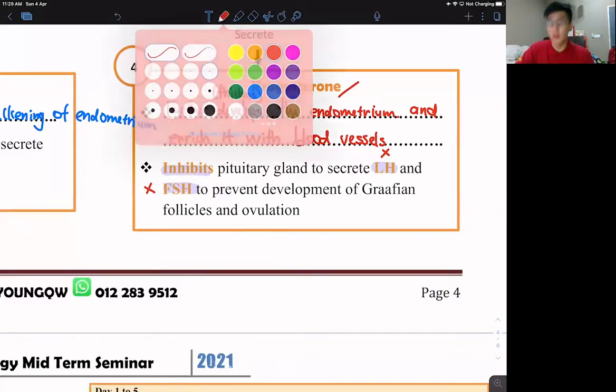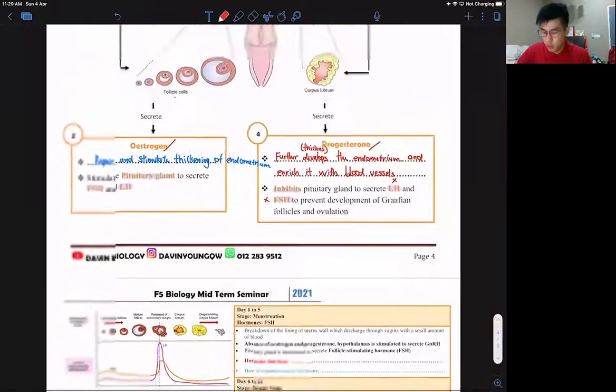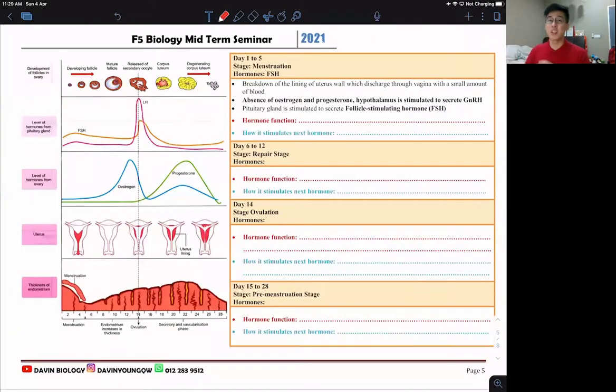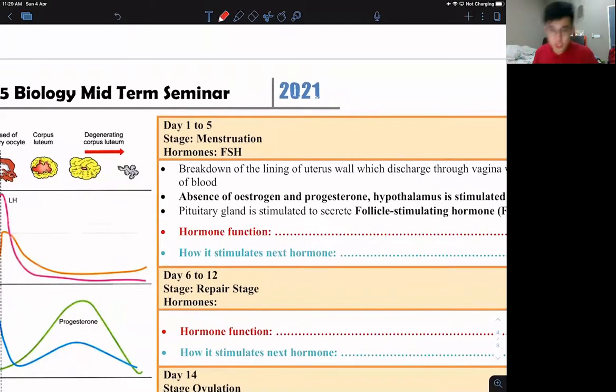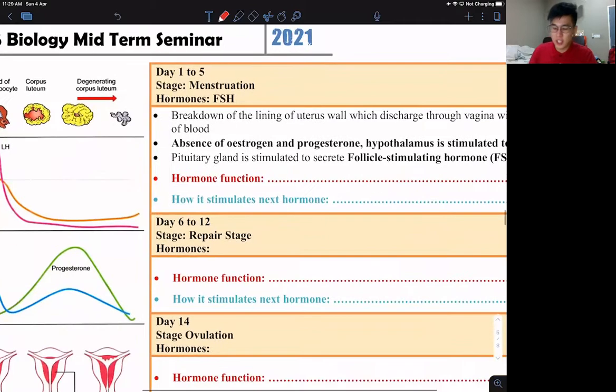This is what the functions of the hormones are. So now we will go through the menstrual cycle's phases. Okay, so we actually have 4 phases. The first 5 days is menstruation. You have the first hormone, FSH. Day 6 to 12 is repair. So menstruation means wall breakdown, you need to repair.